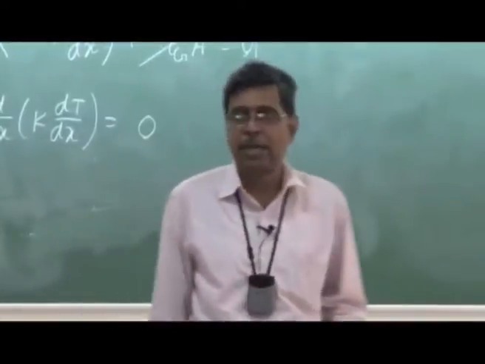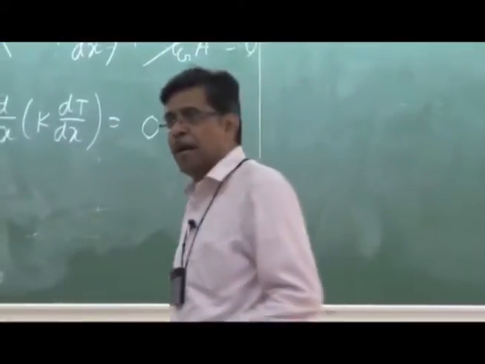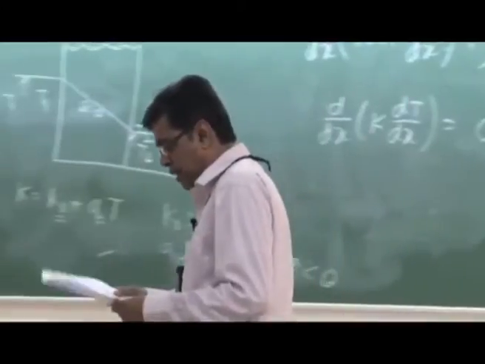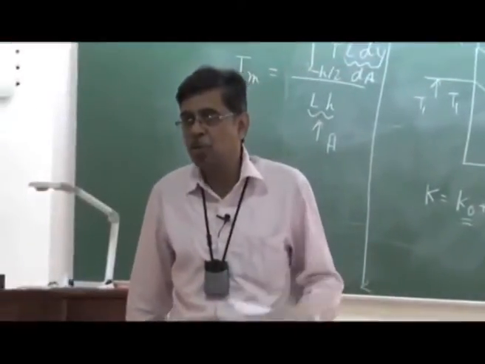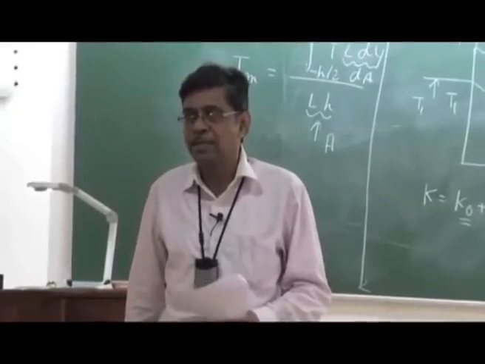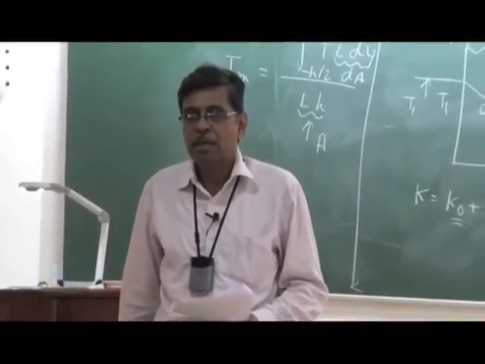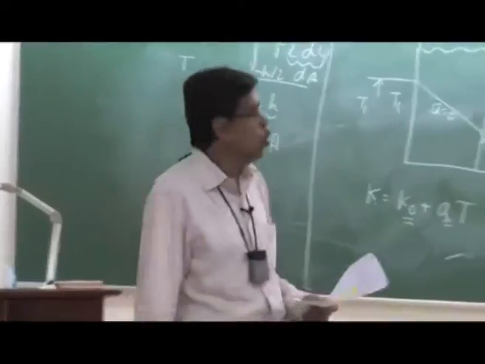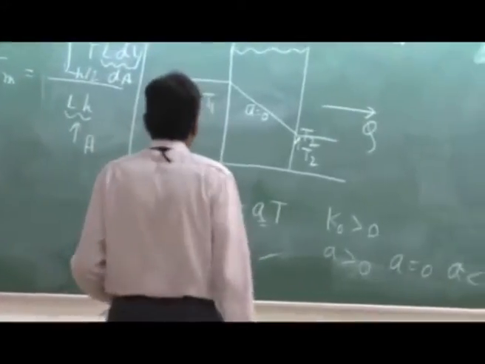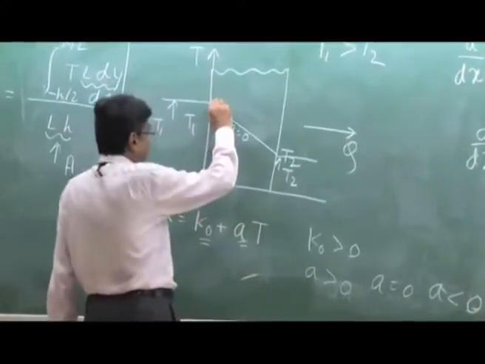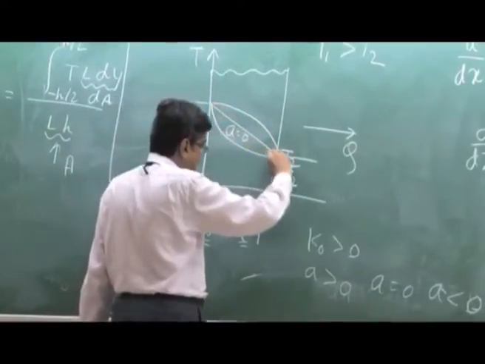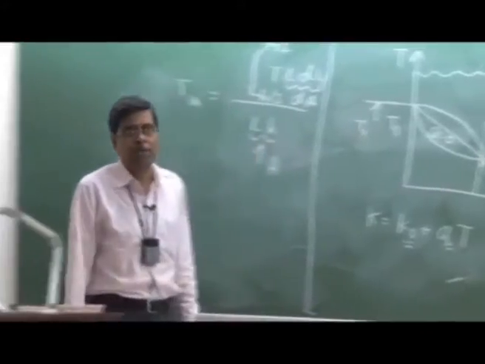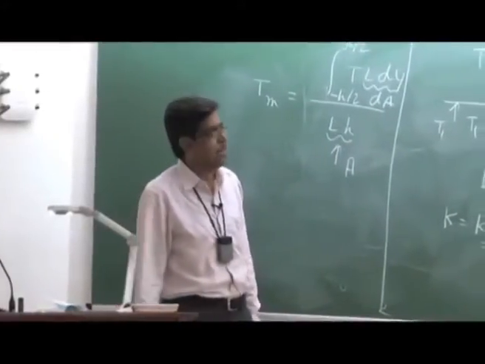Obviously temperature will decrease. But the problem asks what is the nature of this profile, that means whether the slope will increase or decrease, because we can have two types of nonlinear profile. One is this, another is this. Which one is for A greater than 0, and which for A less than 0?